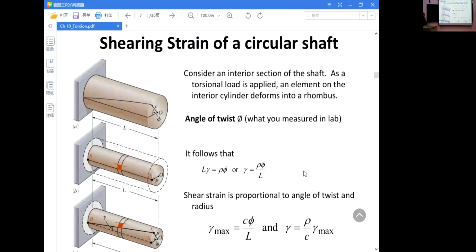So rho of O and rho of B are different. Yes or not? Because rho is the distance from the point to the centroid. So we will know from the formula the shear strain is proportional to the distance from the point to the centroid.